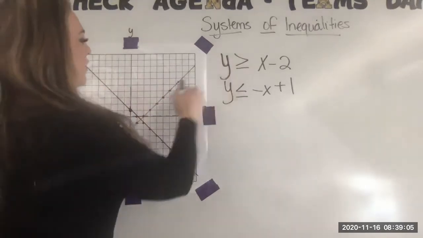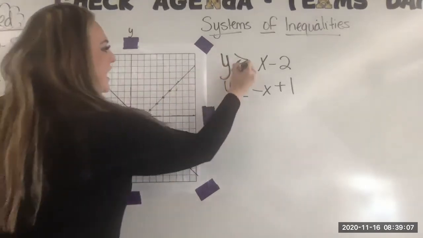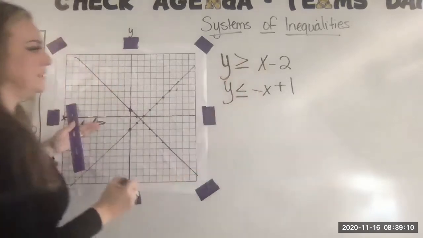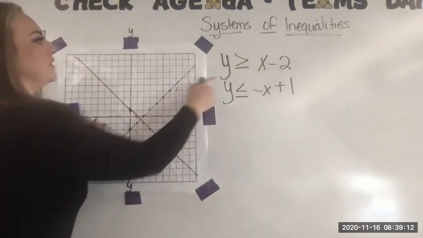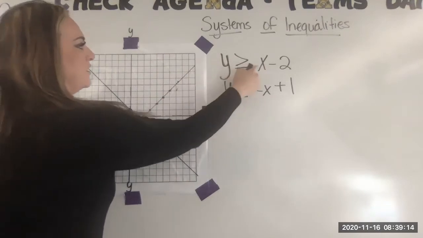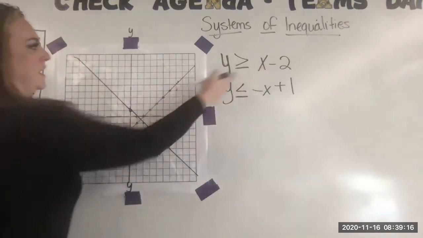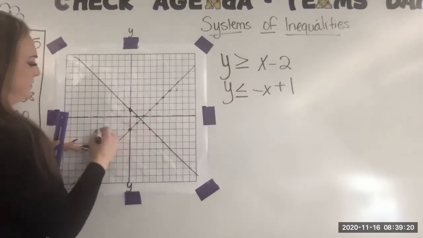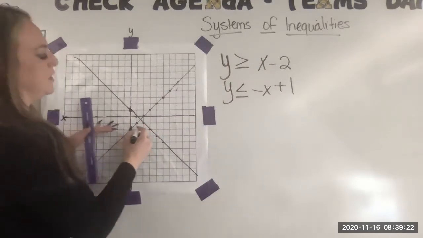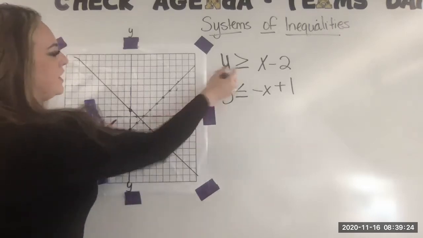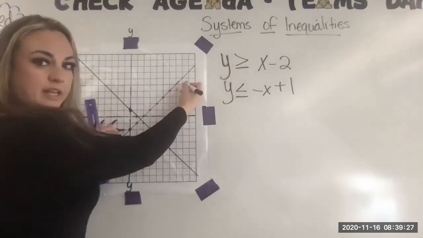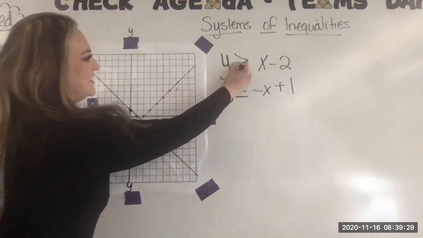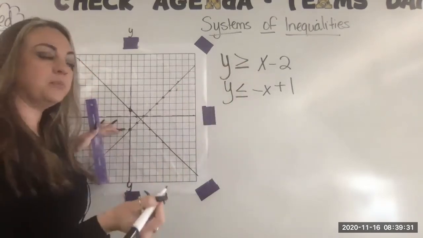Okay, so now let's look at what these are going to have us do. First thing is knowing that if it has this equal sign below it, it's going to include the values for y that are greater than this x minus 2 line. So we're going to leave this line solid because it has the equal to in the symbol.